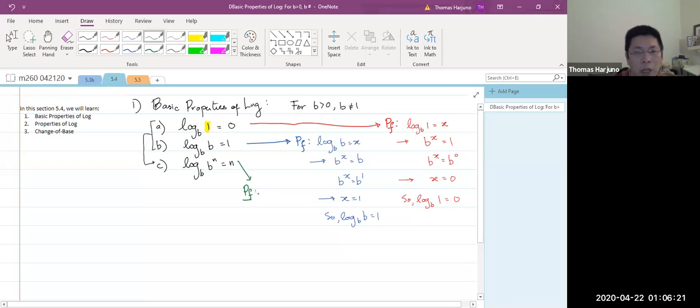Let's call log base b of b to the n equal to x. Then using exponential form, b to the x is equal to b to the n, right? By one-to-oneness, x equals n. So log base b of b to the n equals n.